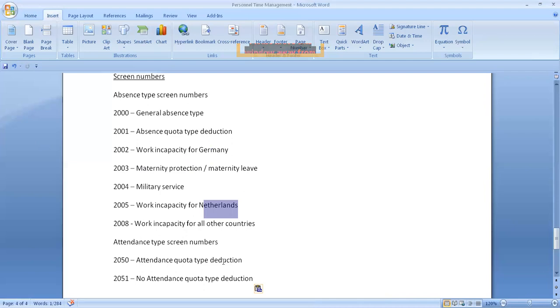Then you have 2050, attendance quota type deduction, used for example for any trainings in the company, training attendance. You can use screen number 2051 for regular types of attendances you can maintain.